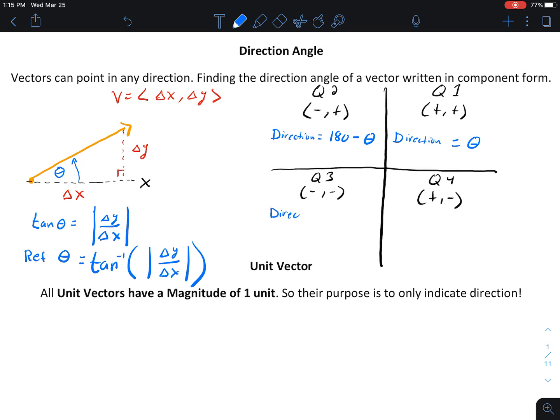If the vector points in quadrant 3, the direction angle is equal to 180 degrees plus theta. And if it goes in quadrant 4, the direction angle is equal to 360 minus theta. So that's how we find the direction angles of vectors.